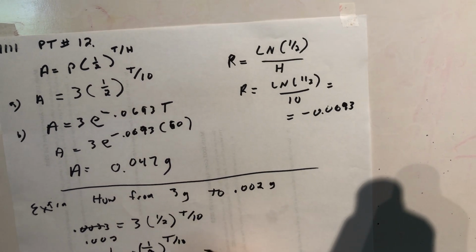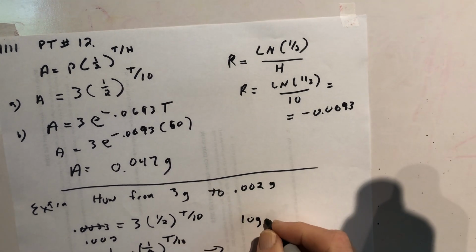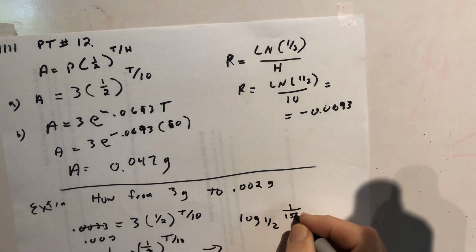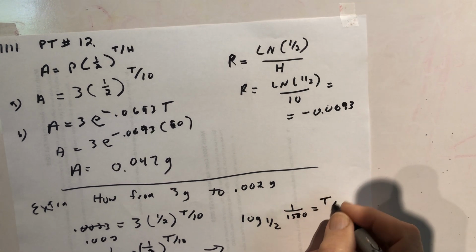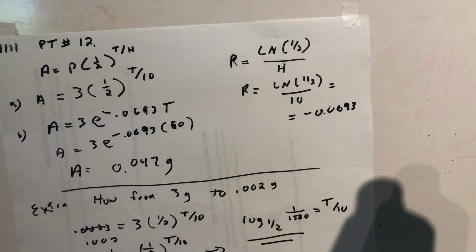So we got to go to log. That's going to be log base 1/2 of 1 over 1500 equals t over 10. Do this and then multiply it by 10. So I'm going to hit log, put a half in the small box. It's easier to put a 0.5. And 1 divided by 1500 in the big box. Hit equals.